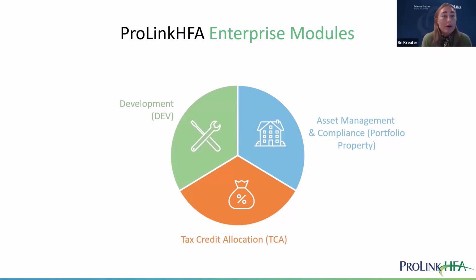What we've been focusing on so far this year, and plan to continue focusing on in this webinar series, is our development and our tax credit allocation module. The development module is where we manage non-tax credit programs, grants, and other funding sources that are supported and managed by our state agencies. And then the tax credit allocation module is where we manage those allocations.